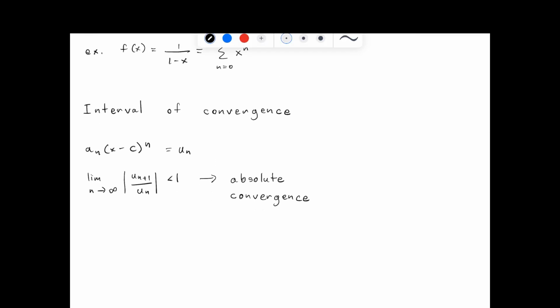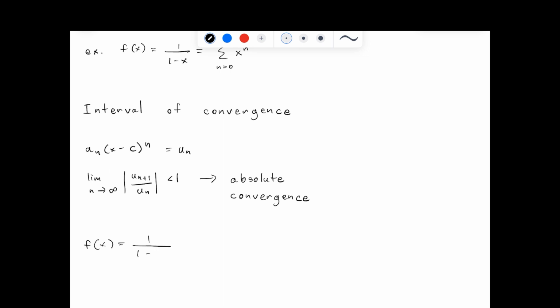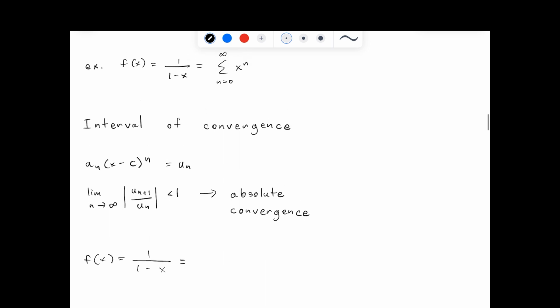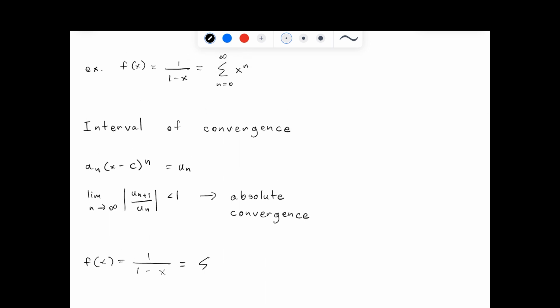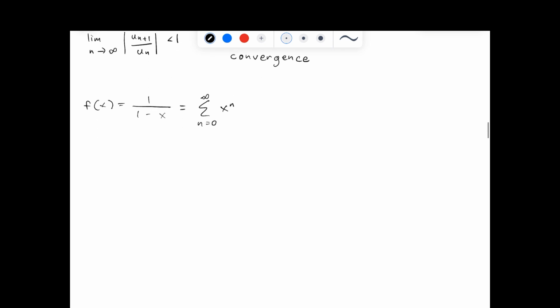So jumping back to our previous example, if we consider the function f of x equals 1 over 1 minus x, as we saw before, we can express this as the sum from n equals 0 to infinity of x to the n. Well, if we consider the sequence inside of our series, which I'll label u sub n, it is x to the n.